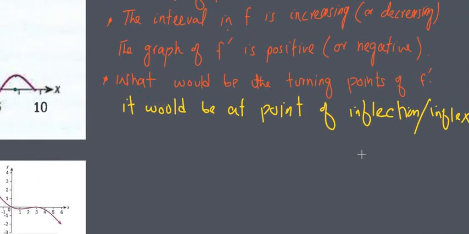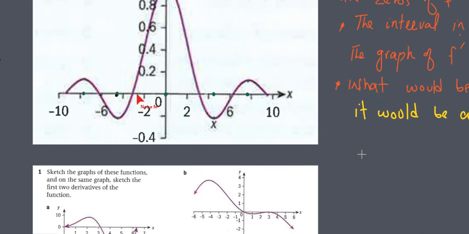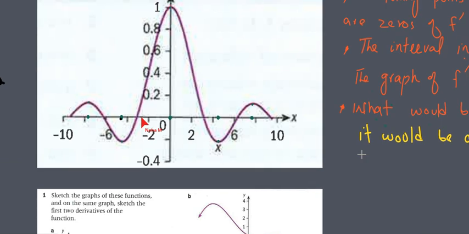Now keep it in your mind that the turning points will be at the point of inflection. So where would be the turning point? The turning point will be at the point of inflection, and I am highlighting the point of inflection on this curve with this color.